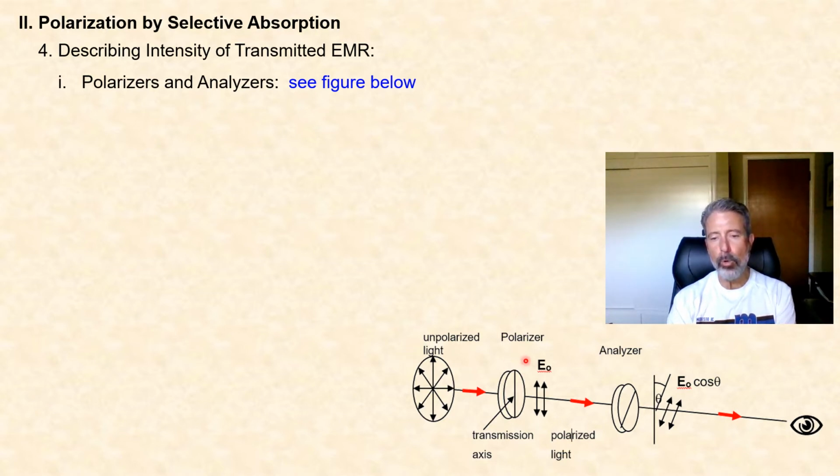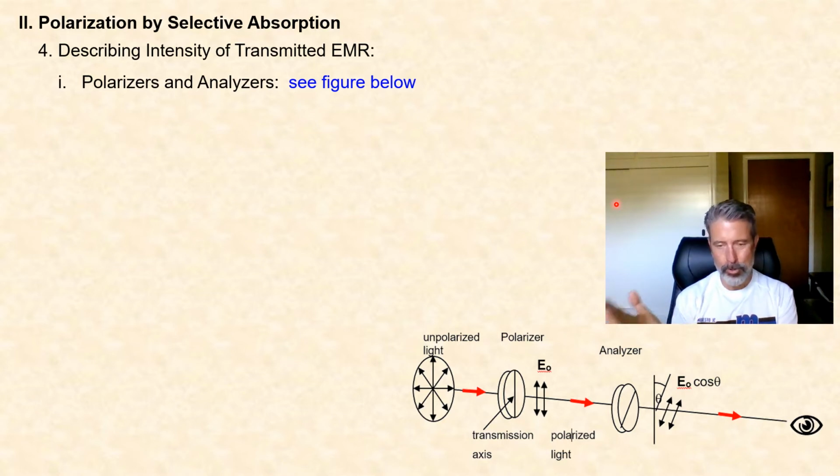But we would say the polarizer is what the unpolarized light falls upon, so that after passing through a polarizer, your unpolarized light has now become polarized. When you take a second piece of Polaroid film and let the polarized light travel through that, that's what we call an analyzer.